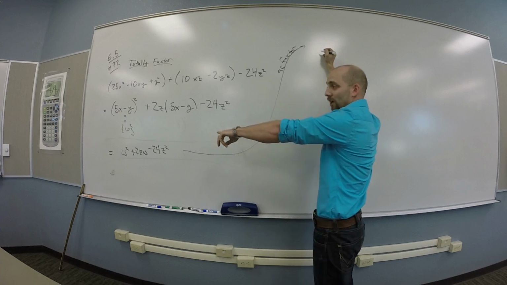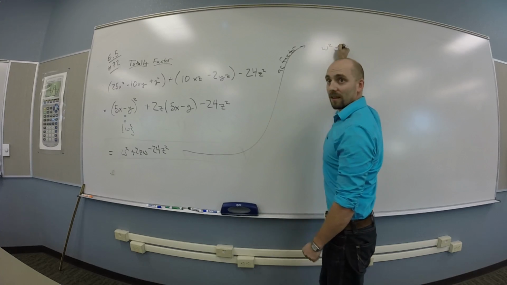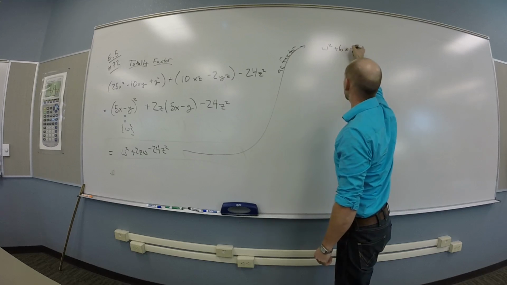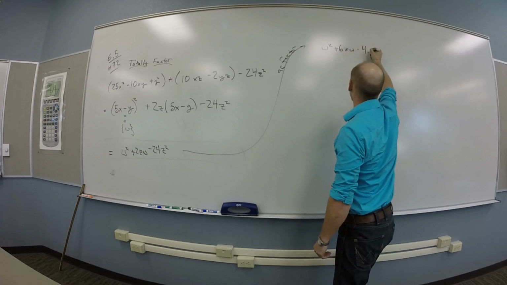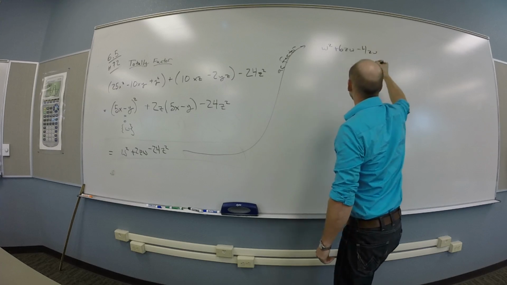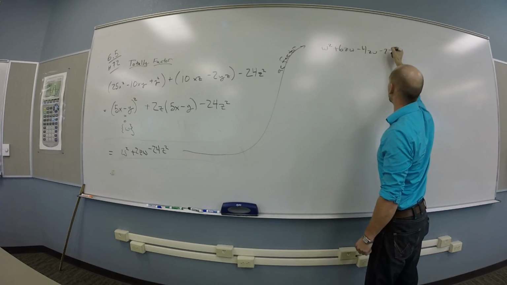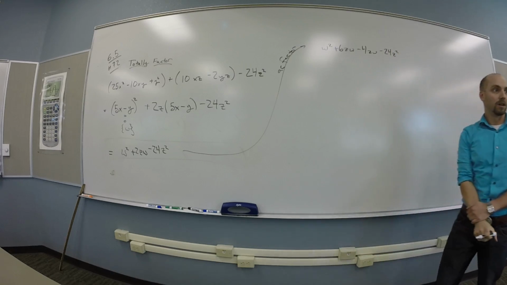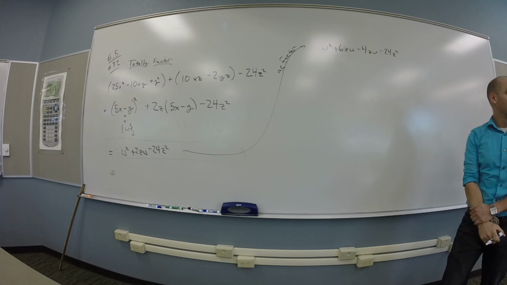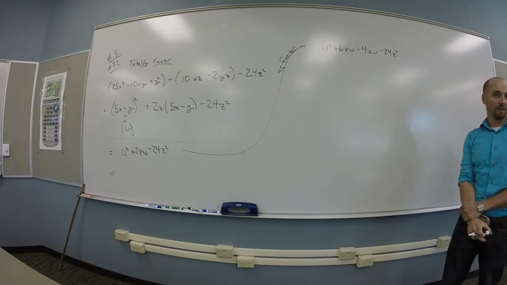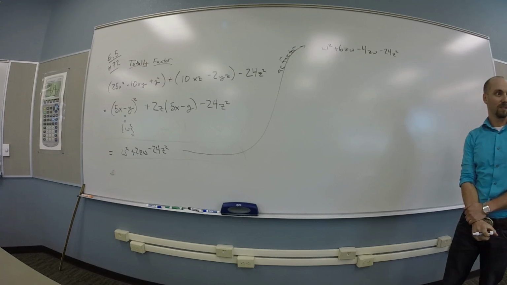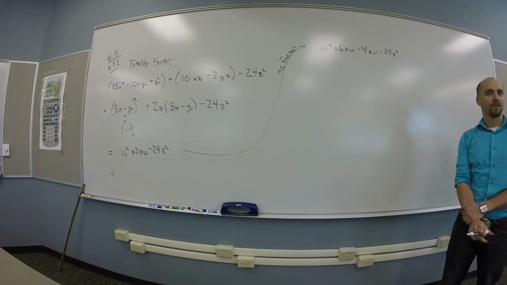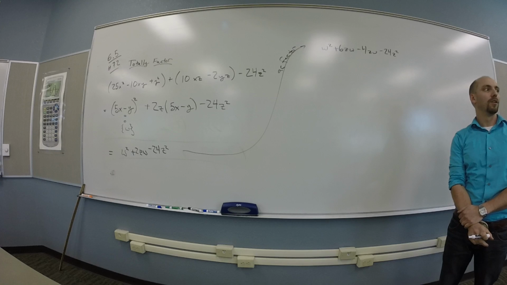So I rewrite my 2zW as plus 6zW minus 4zW minus 24z squared. That's running the AC factor method. Then what? You guys remember how the AC factor method finishes off? You combine the like terms, the z and the w.